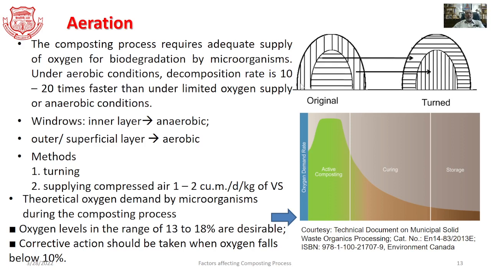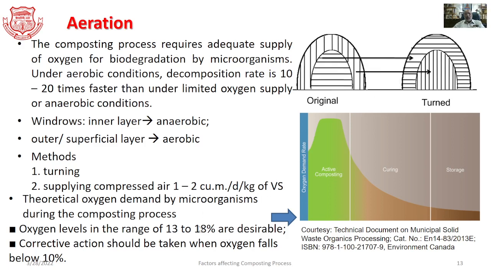In addition, we can supply certain compressed air to the tune of 1 to 2 cubic meter per day per kg of volatile solids in order to maintain the theoretical oxygen demand by microorganisms throughout the composting process. Usually, these oxygen levels are expected to be in the range of 13 to 18%.